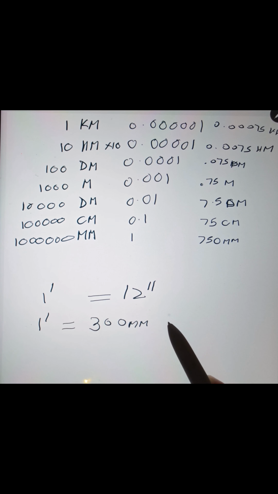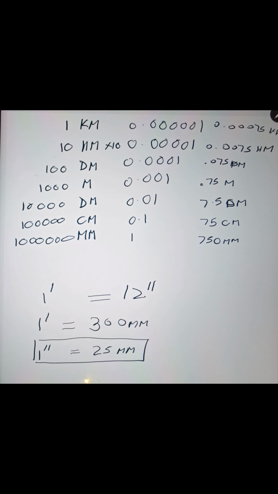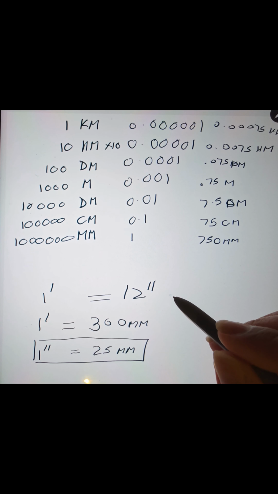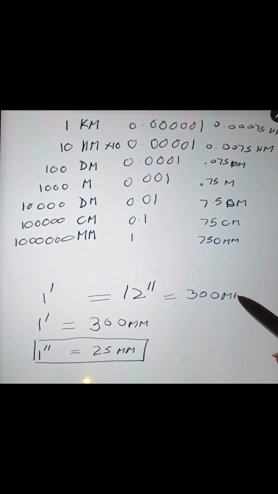Now how does this come? I'll tell you. 1 inch is equal to 25 mm. This is a thumb rule. So when we multiply 25 by 12, it comes to 300 mm. So we can say that 1 foot is equal to 12 inches is equal to 300 mm.